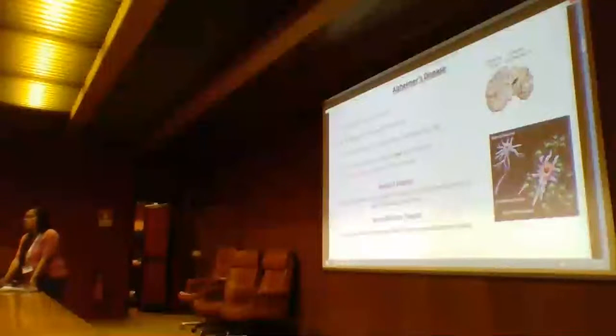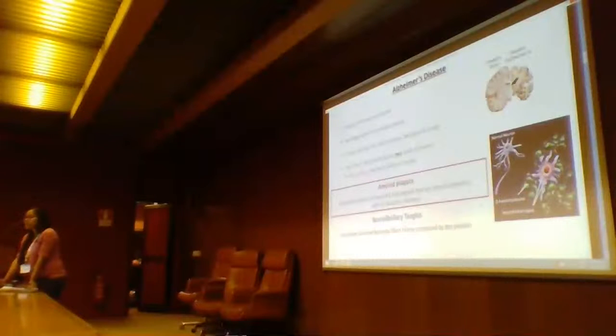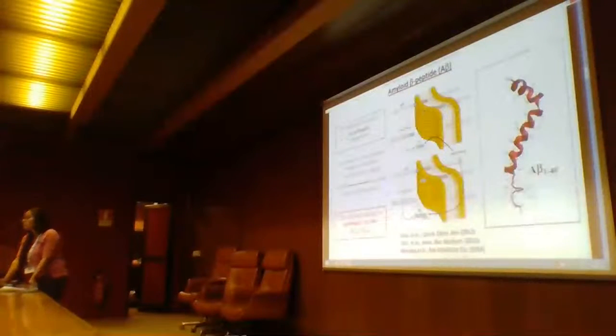In our talk, we are focused on studying the amyloid beta peptides, which change their structure from helical to beta sheet and are prone to aggregation. So, how are these amyloid beta peptides formed?